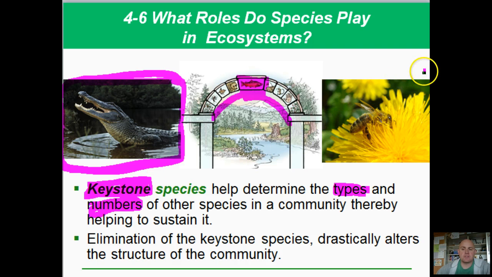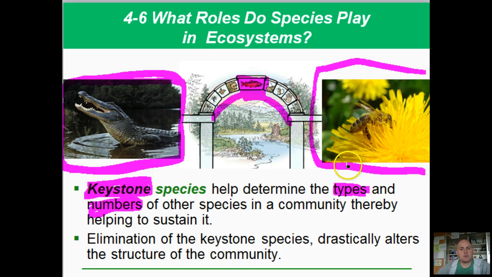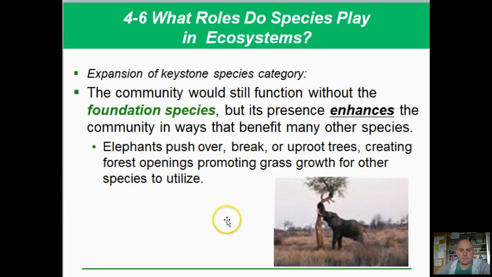Bees are the other end of the spectrum, but they're also a keystone species. If they're not there to pollinate certain things, we lose out on those organisms. So removing either the honeybees or the alligators from the system could have a dramatic effect on the community and the ecosystem as a whole, and that's what makes it a keystone species.